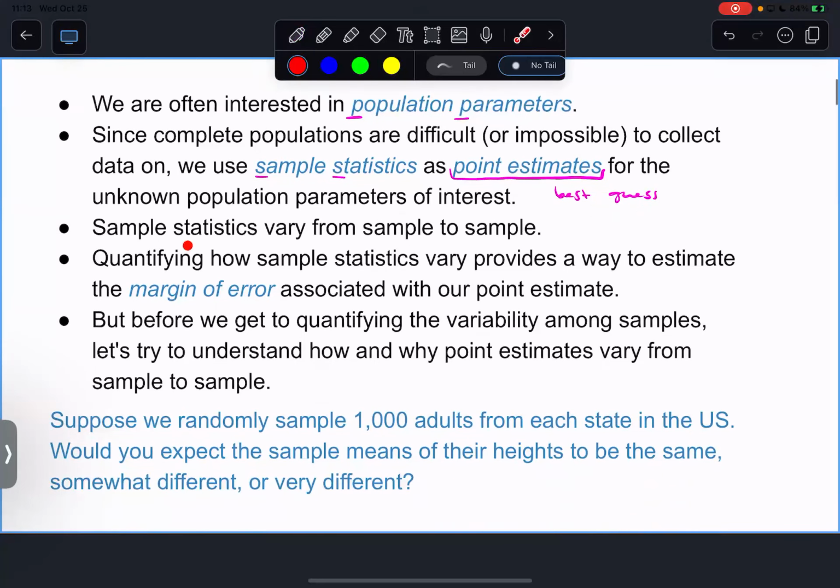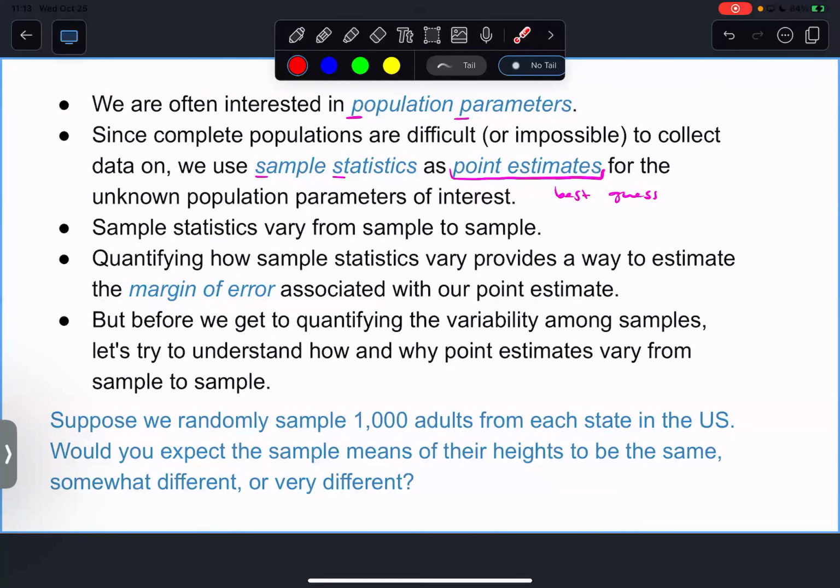One of the issues is that if we collected a different random sample of 40 dentists, we would expect a slightly different proportion. It could be 31 out of 40, 32 out of 40, 29 out of 40. And so we expect some variability from sample to sample to sample.